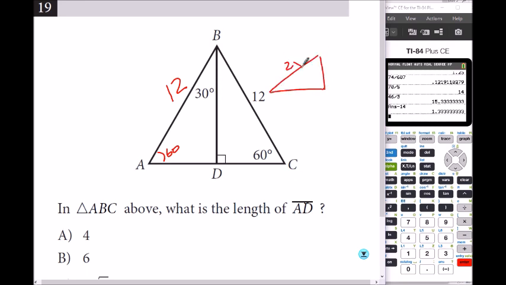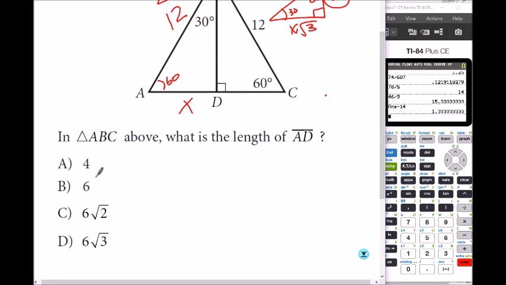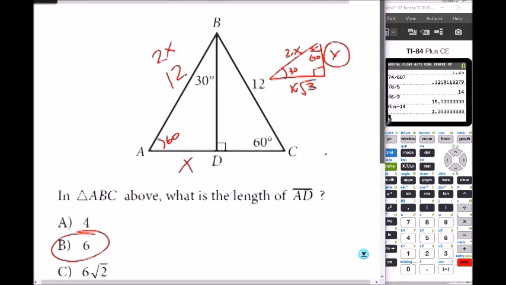This is 2x, x root 3, if this is 30 and 60, right? So if you have a 30, 60, 90 triangle, the hypotenuse is 2x, and the short leg right here is x, so it's half of 12, which is 6. Okay, so that's one way to solve it, by using the given ratio.